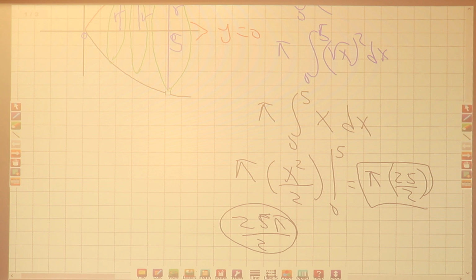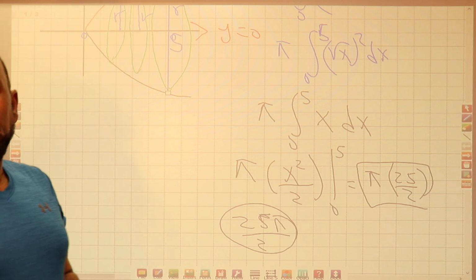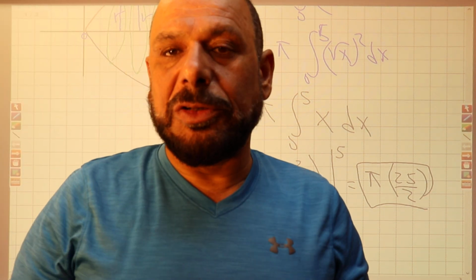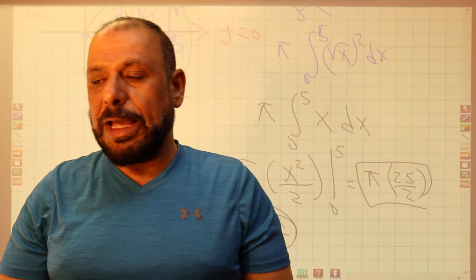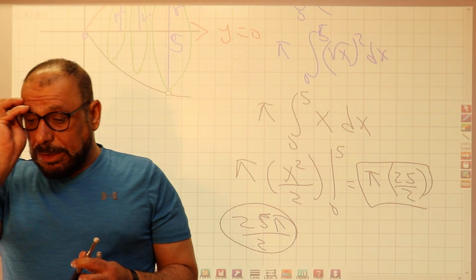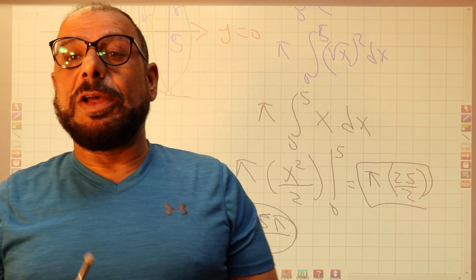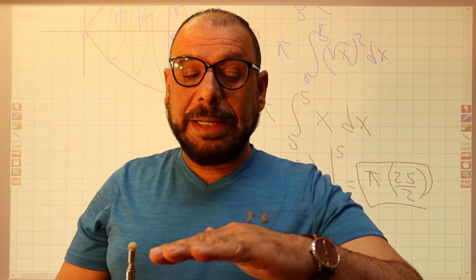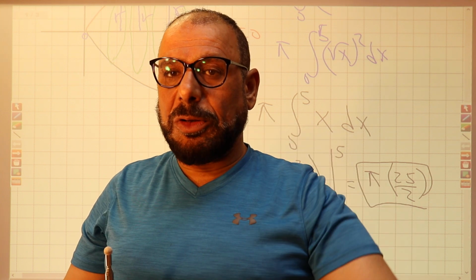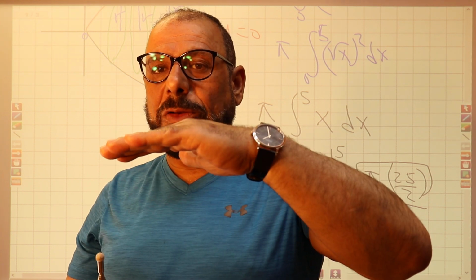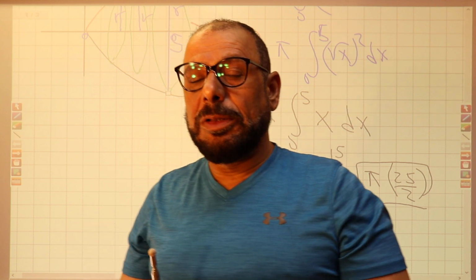About what? X equals 5. That's what we're going to do next time. We'll do revolving the function about different lines than y equals 0, which is the x-axis. I mean by this, we're going to revolve it about a line above the x-axis or below the x-axis, like y equals 2, y equals 3.